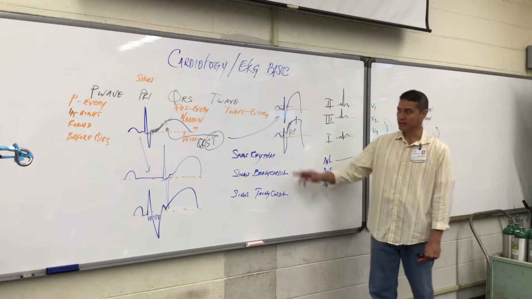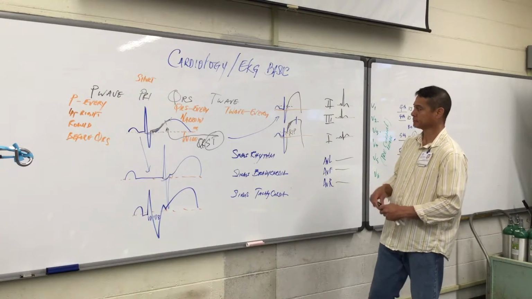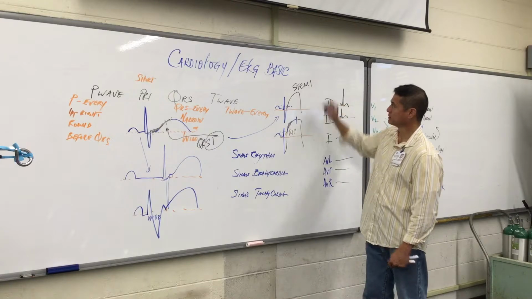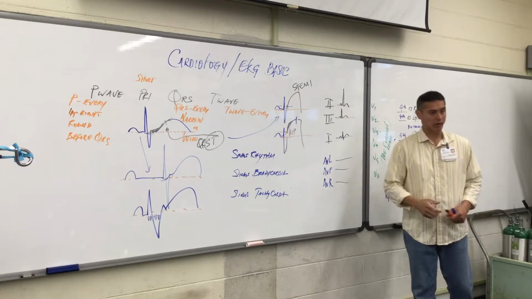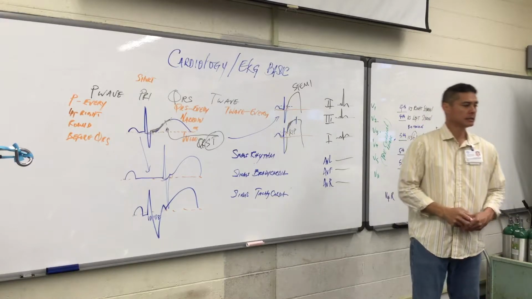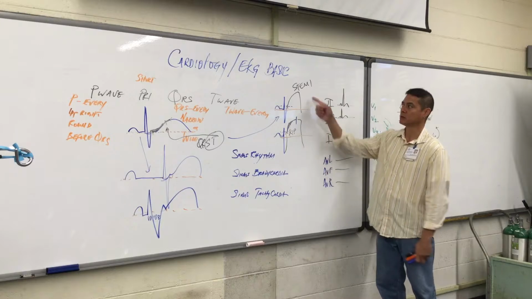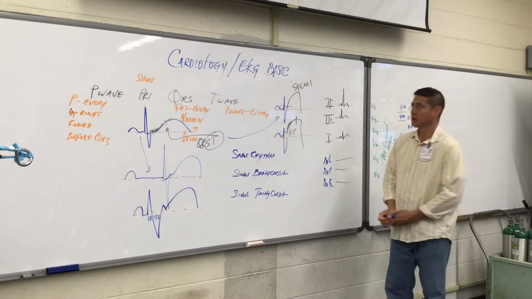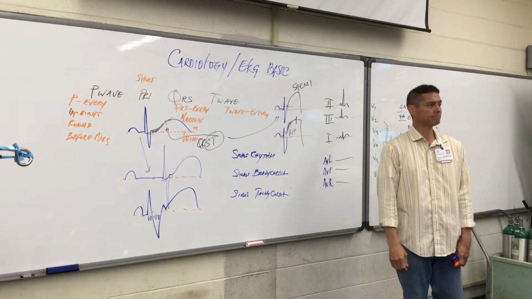This would signify a STEMI, or ST elevation MI. Basically in all of our medical facilities, we would call ahead of time to alert them that we're coming in with this type of case so that they can prepare and be ready to receive this patient and give them the desired treatment.